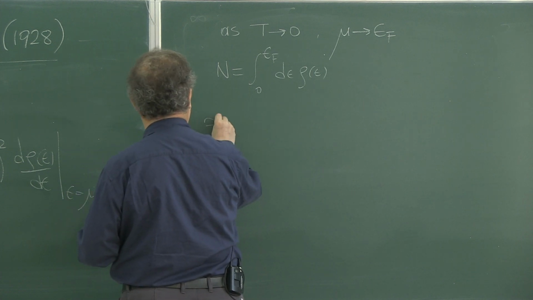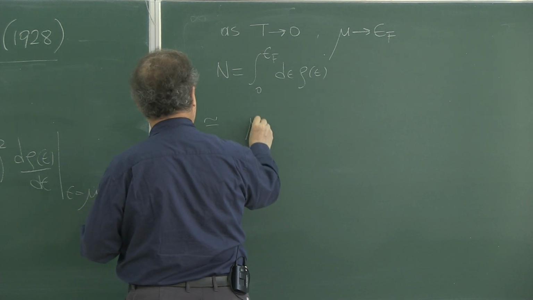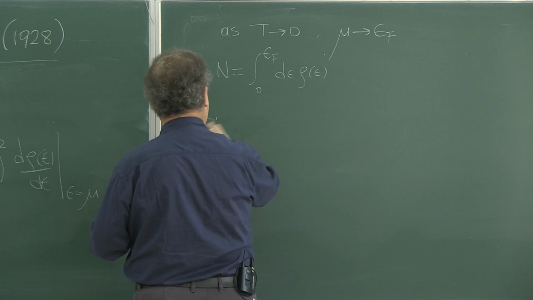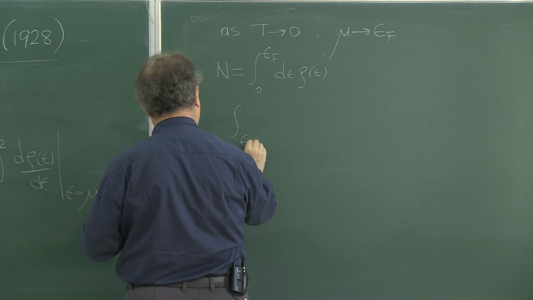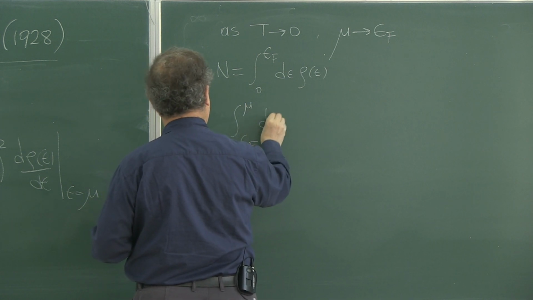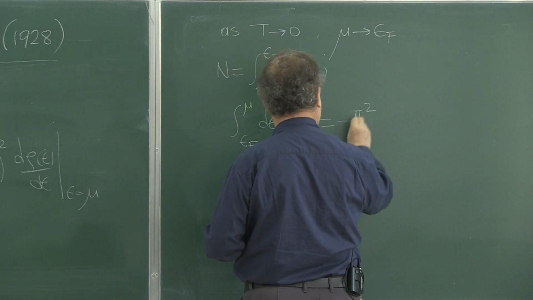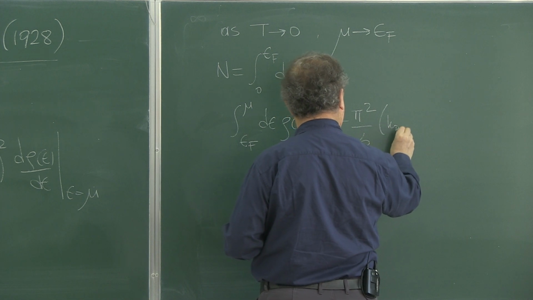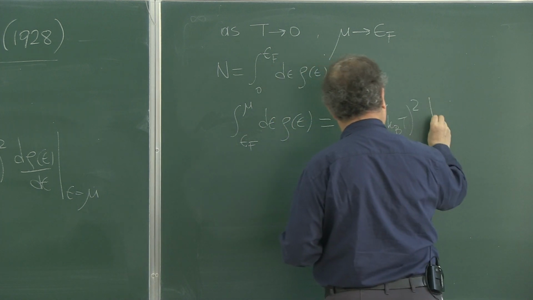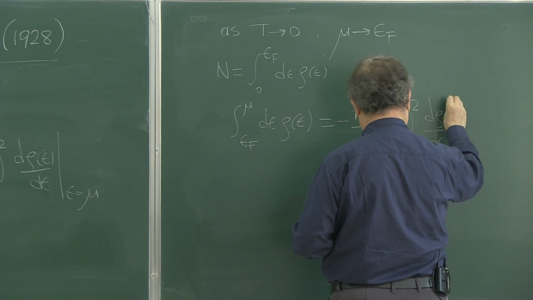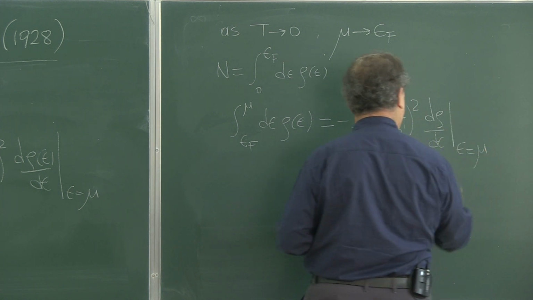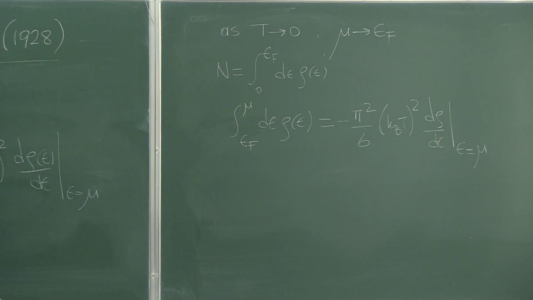So approximately we have the integral from EF to mu, dE rho(E), is given by minus this, with the change in sign, of course, because the sum is equal to 0.